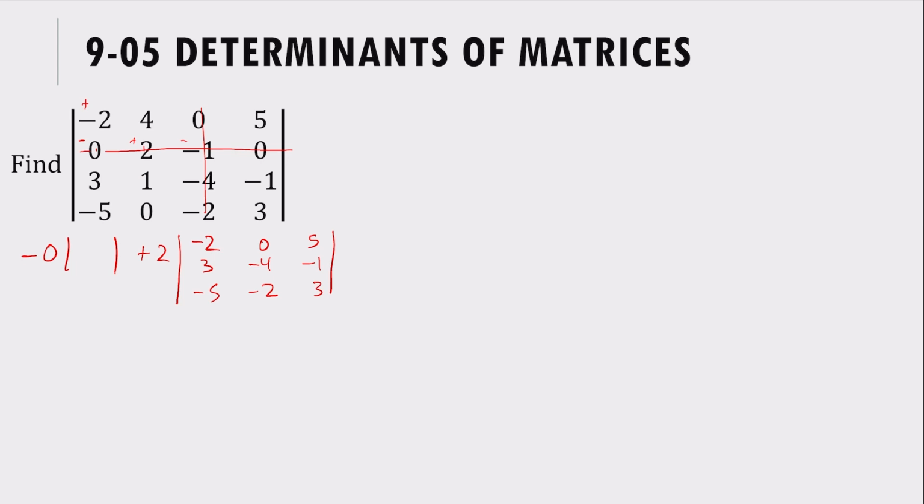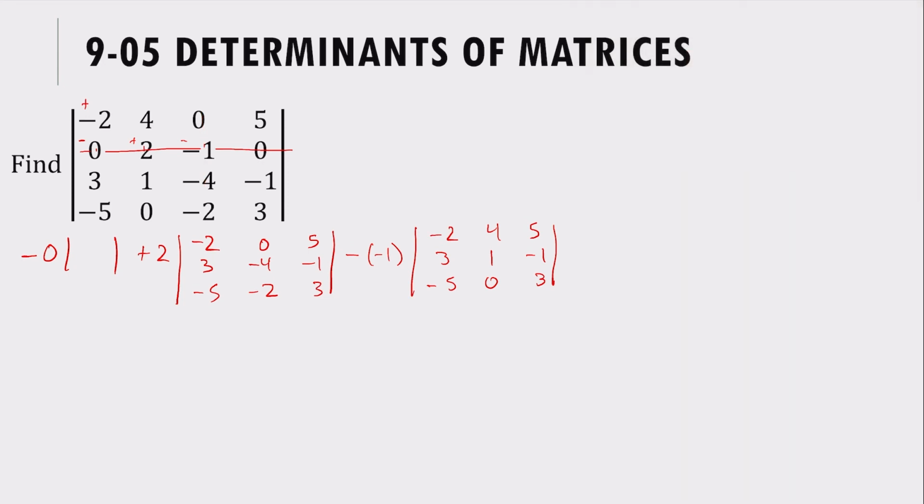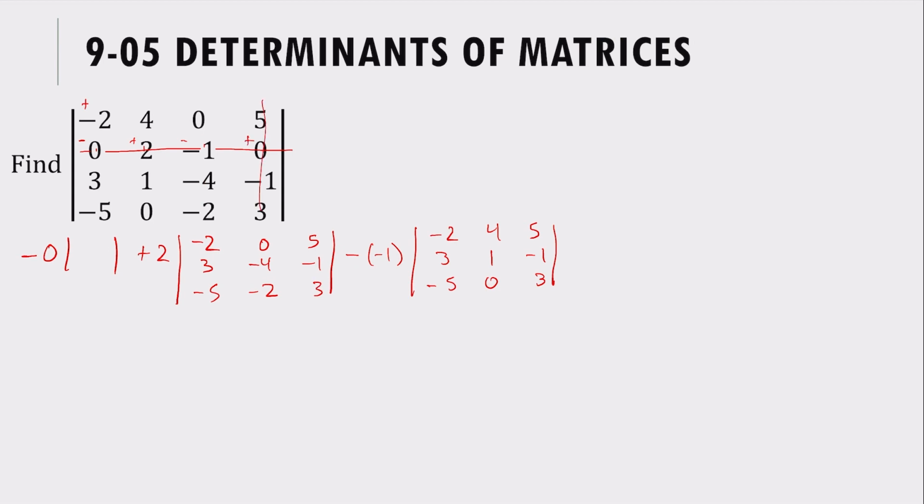This is a minus, so it's minus a negative 1 times what's not crossed out. And then we go to the next spot on the row, which would be a plus 0, and 0 times whatever's left is still 0.